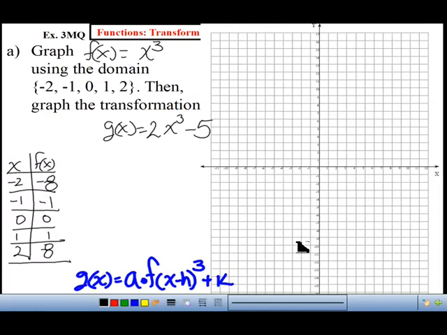-2, -8. It's down here. -1, -1. 0, 0. 1, 1. 2, 8.